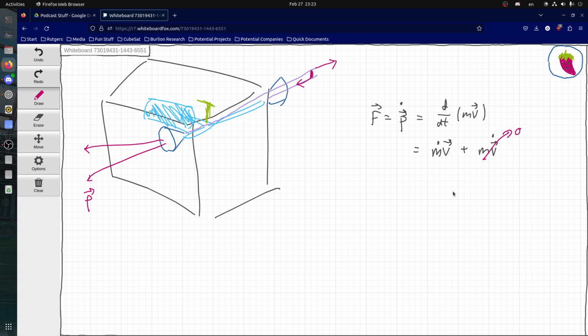You're not really changing the velocity of the gas. What you're doing is expelling mass out the back, and that's what causes your thrust. But every time you do it, you lose a little bit of mass. Your inertia matrix does change a very small amount. Usually it's negligible, but it does change. And once you've exhausted all your mass, you no longer have this term, so you no longer have control. And that's a limitation on cold gas thrusters.